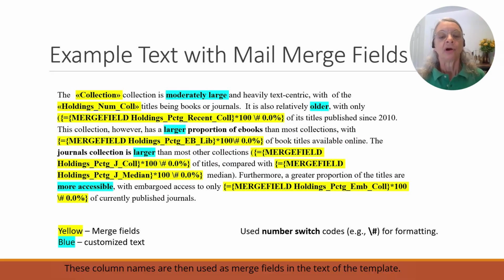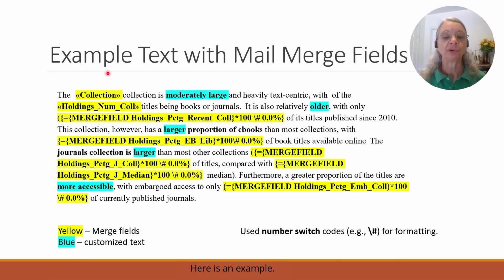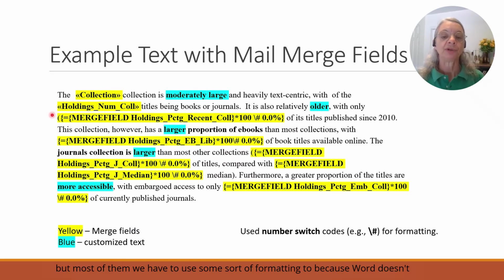These column names are then used as merge fields in the text of the template. Here is an example. In some places, it's just the name of the field, collection. But for most of them, we have to use some sort of formatting because Word doesn't always bring in the values as expected.